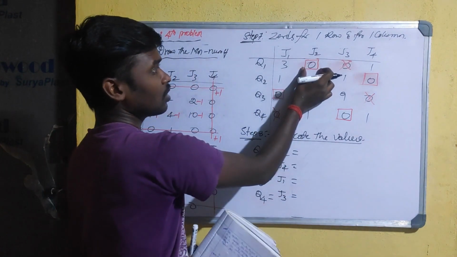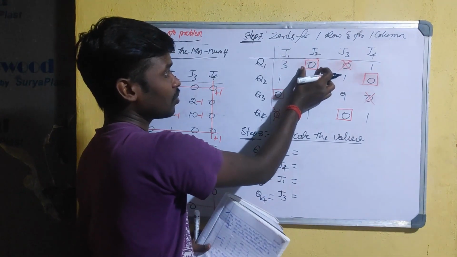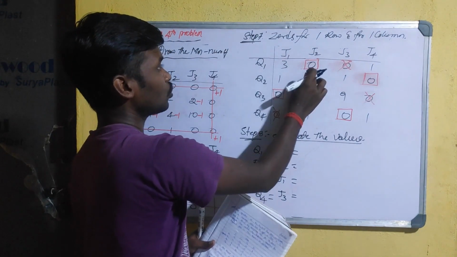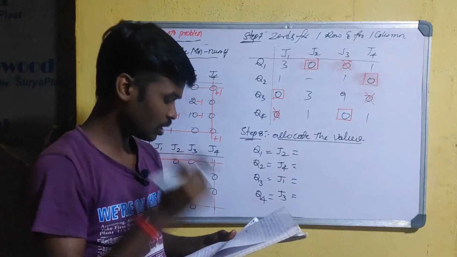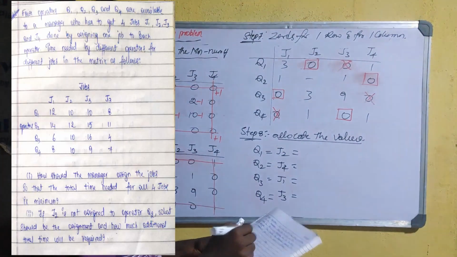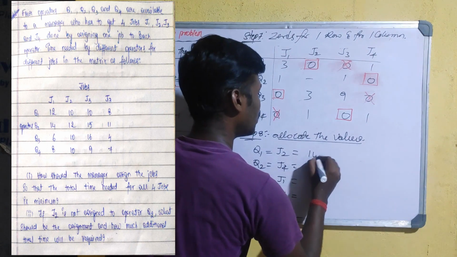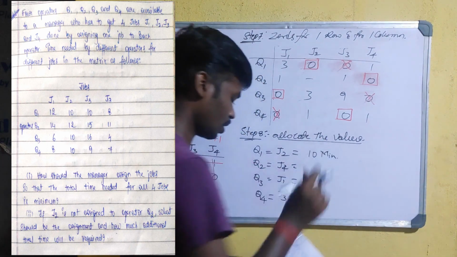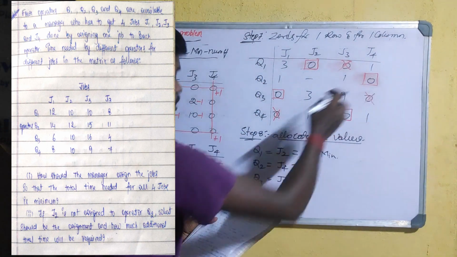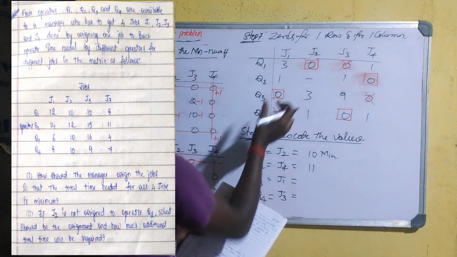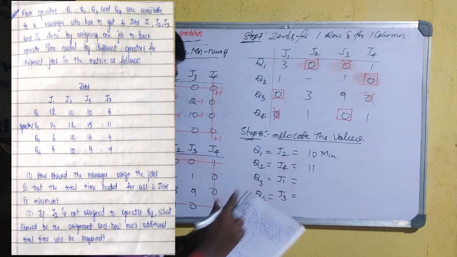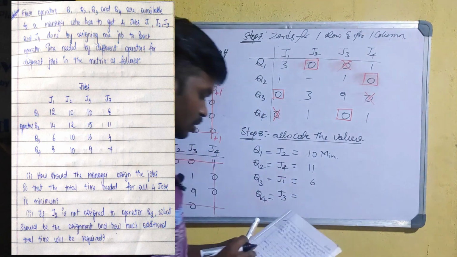Okay, see how many minutes are there in particular place, that is Q1 and J2, where it is intersected. See Q1 and J2, in this place there is 10 minutes, right? Next, in this place 11 minutes. Next, in this place 6 minutes.